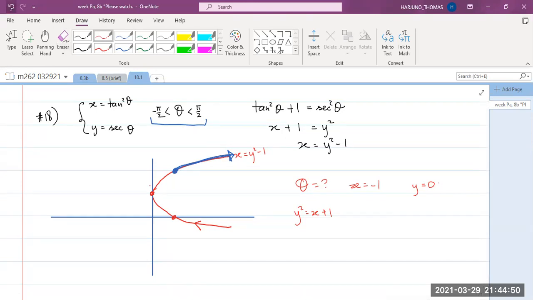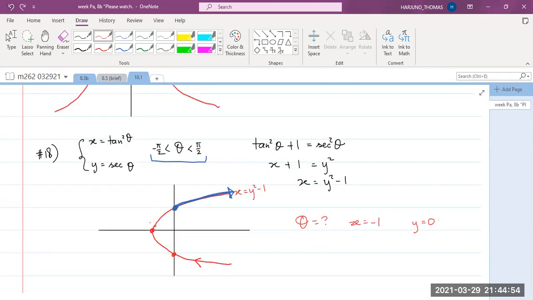I confused myself. Give me a second. I somehow think this is the graph though. When y equals 0, x will be -1. So that's right.